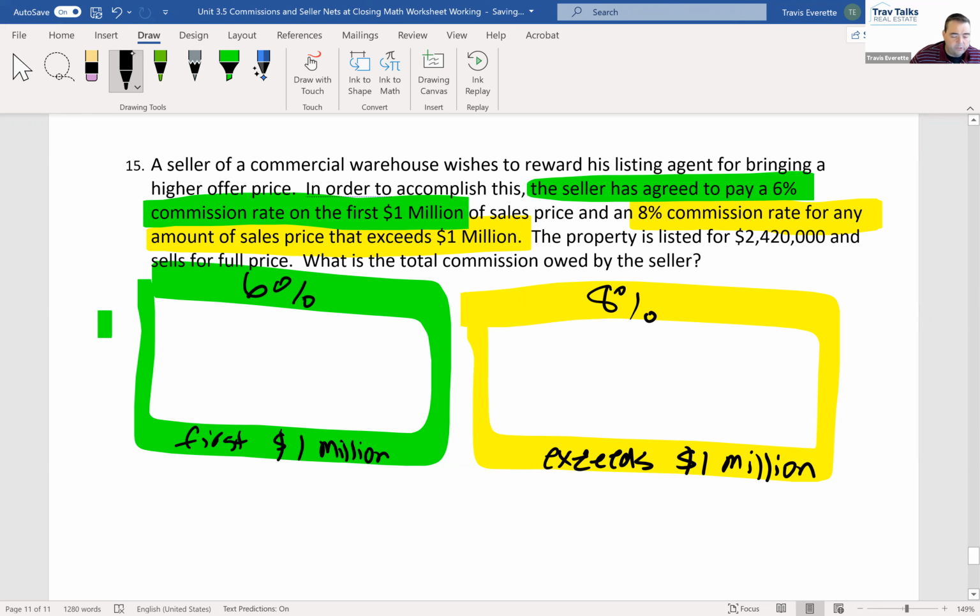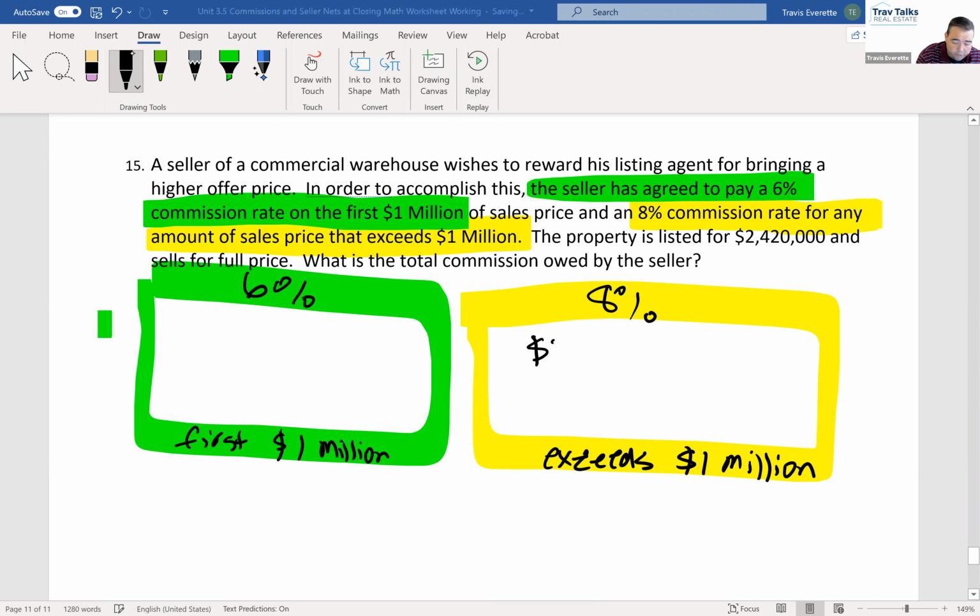On any amount of sales price that exceeds $1 million, it says it sells for full price, $2,420,000. Well, it would be nice if we got that on the full amount, but it's only on the amount that exceeds it.